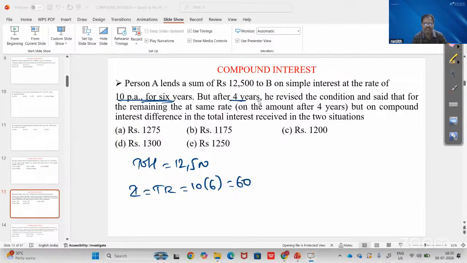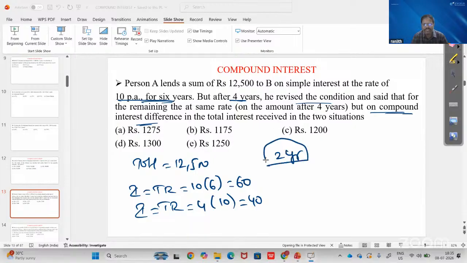But after 4 years, he revised the condition and said that the remaining will be at the same rate but on compound interest. So what is the interest? For 4 years, I equals TR, 4 into 10 equals 40 percentage. Next, for the remaining 2 years we need to find the compound interest.